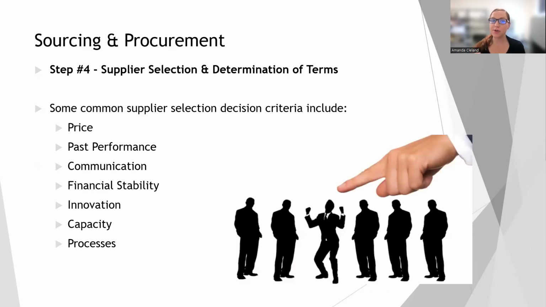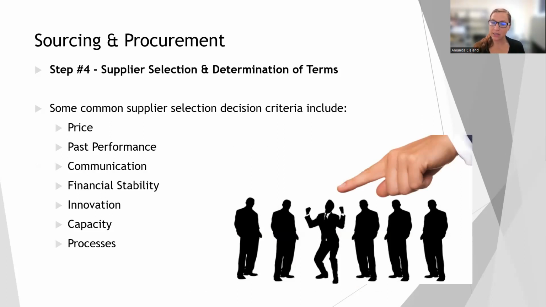So some very common supplier selection criteria include: what is the price? What is their past performance with us, with similar companies? How is their communication? Are they very quick to respond to all of our inquiries? Is it very slow? Do we get tossed around from person to person? How about the financial stability of their company?